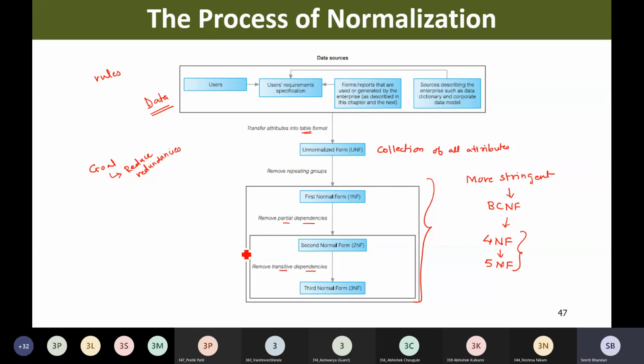Right? So this is the entire process of normalization. In the next class, we are going to talk about this 1NF. Right? So I hope you must have understood this process of normalization.